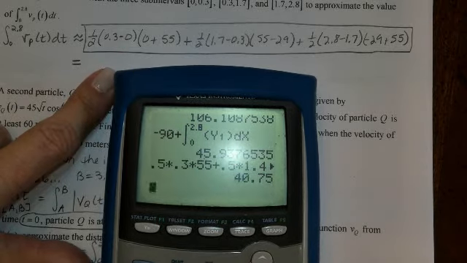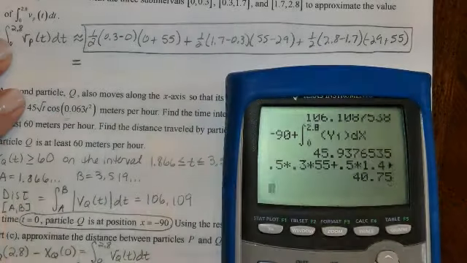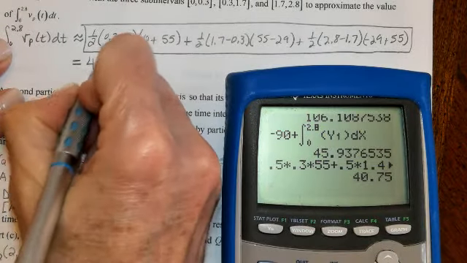And for that I get 40.75, and I really hope that I typed it in all correctly.